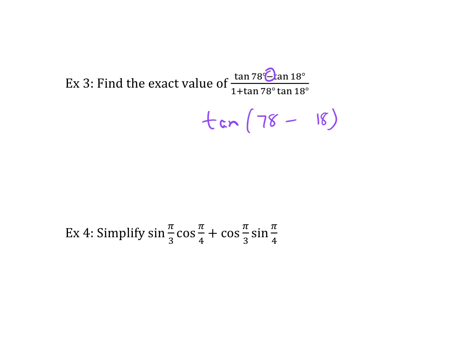Yep, we do have to minus. So when we subtract 78 minus 18, we get tangent of 60 degrees. And tangent of 60, when you go to your unit circle, is the square root of 3. Okay? All right. If you look, it seems a lot worse than it is.